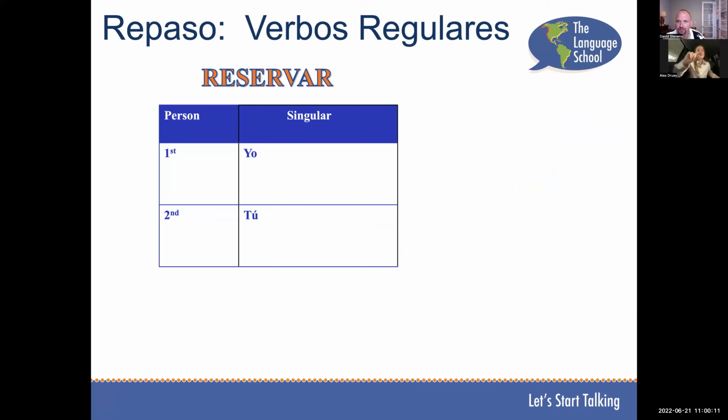Yo reservo, tú reservas. Bailar. Yo bailo, tú bailas. Cocinar. Yo cocino, tú cocinas. Esquiar. Yo esquío, tú esquías.